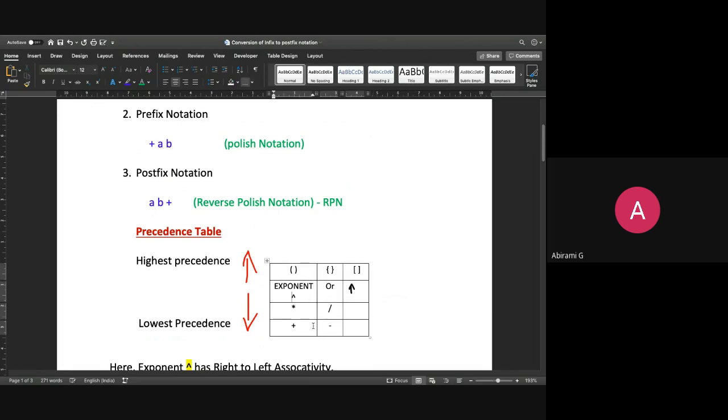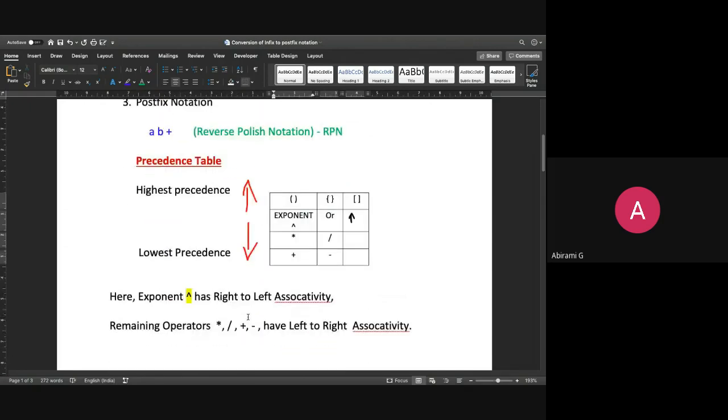Exponent operator. The next higher is multiplication and division. The lowest is addition and subtraction. In between star, slash and plus, minus, there is the modulo operator, which we'll discuss later. We can represent the exponent operator either by the upper arrow or even the dollar symbol.